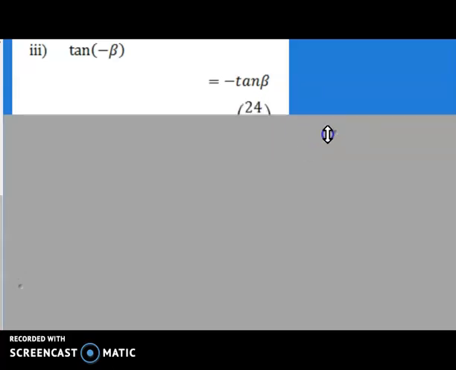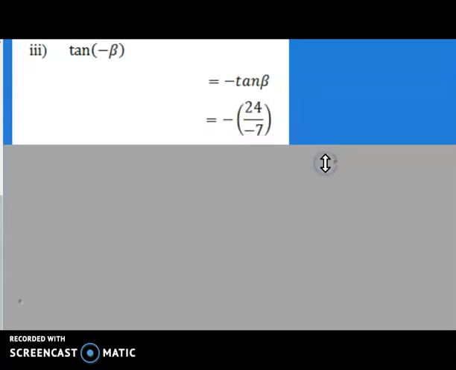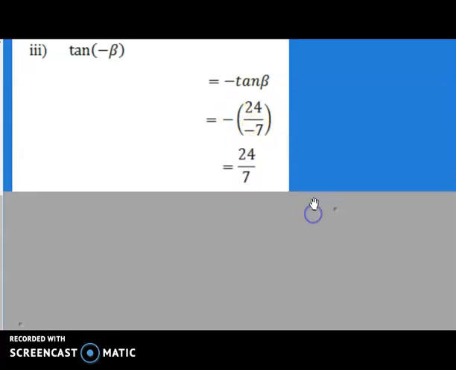So 24 over negative 7, negative times a negative is a positive, and my answer is 24 over 7. Remember that beta is an obtuse angle in this case, and not an acute angle. So don't have an expectation to have the answer in this second quadrant for tan to be negative.